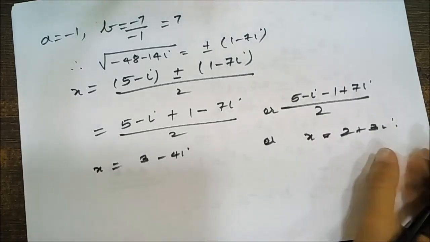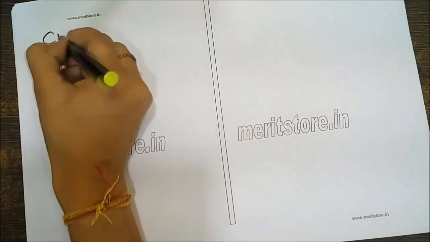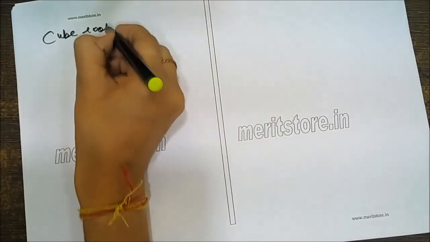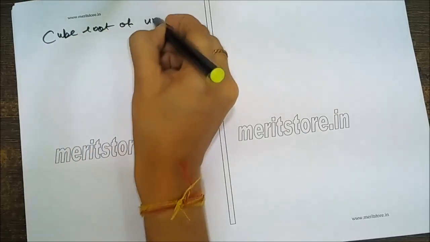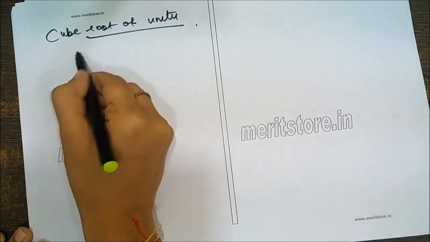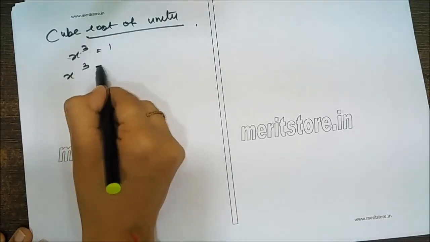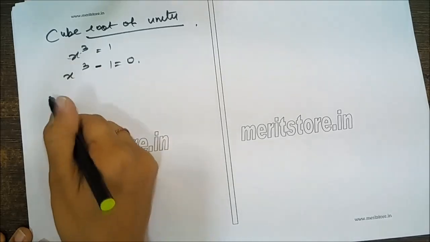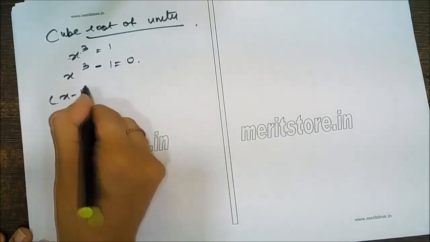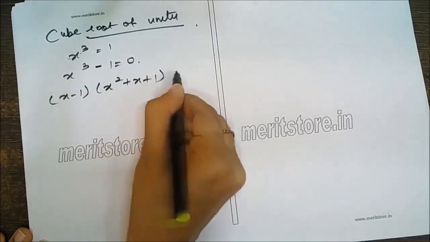Now coming to the new concept of cube root of unity. Here we will say x cube is equal to 1, x cube minus 1 is equal to 0. So (x minus 1)(x square plus x plus 1), these are the factors.